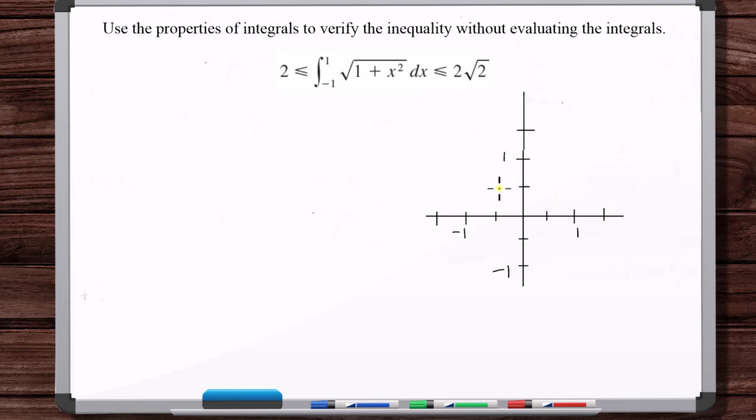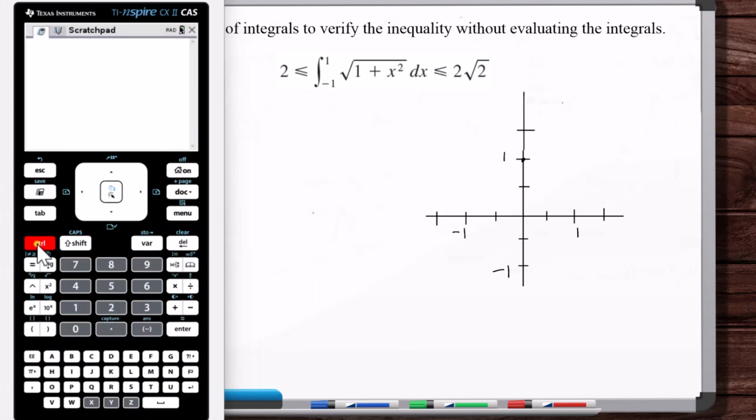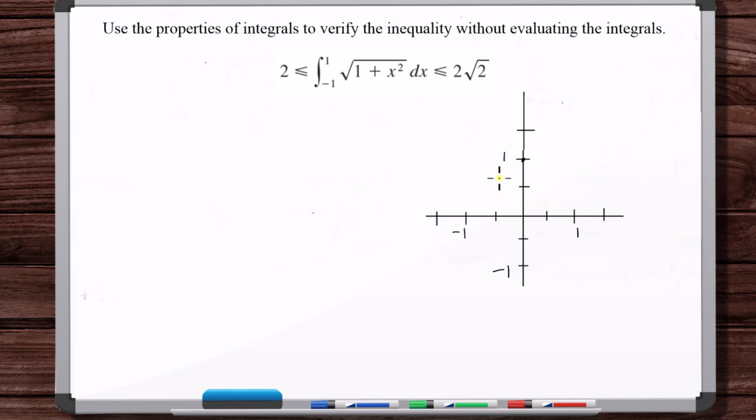Okay, so when x is equal to 0, the function is equal to 1. When x is equal to minus 1, the function is equal to root 2, which is 1.41. When x is equal to 1, the function is equal to root 2.